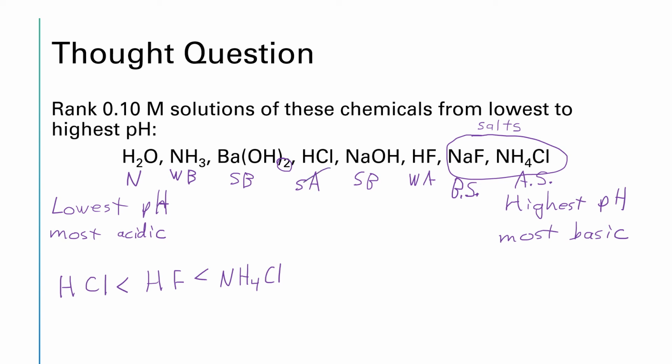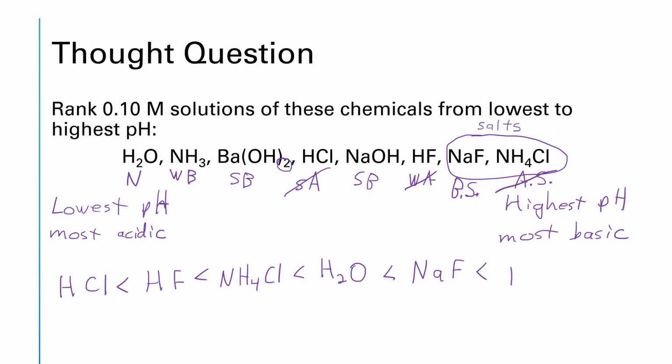Let me go ahead and cross those out to make sure we got everything that had an A in it. Okay, so next we'll hit our neutral compound, which is water. I guess I could have put a neutral salt in there as well, something like sodium chloride. It would be right at the same pH as water. Then we have a basic salt coming up next. That would be NaF. The basic salt will be less basic than a weak base.